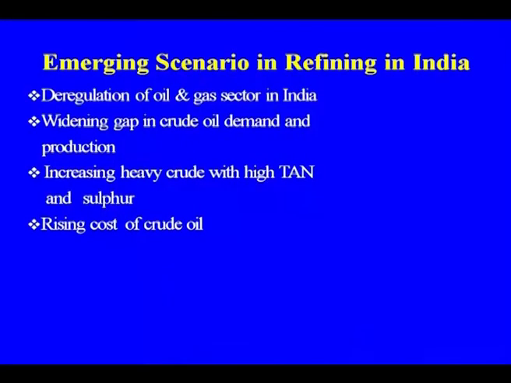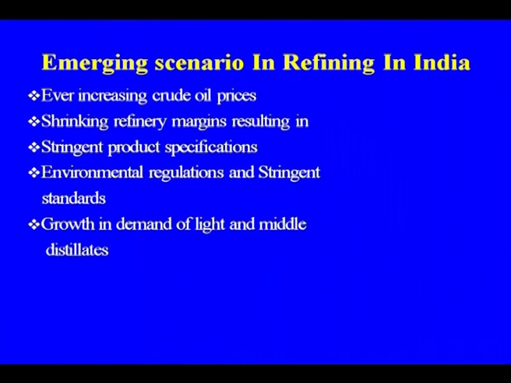Just to conclude: the deregulation of the oil and gas sector in India, the widening gap between crude oil demand and production, increasing heavy crude with high TAN and sulfur, the cost of crude oil has become more volatile, ever increasing crude oil prices, shrinking refinery margins, resulting in stringent product specifications to meet environmental standards and regulations, which are changing from time to time.